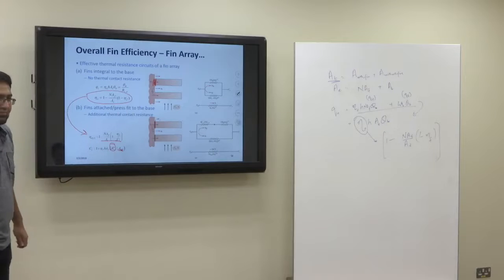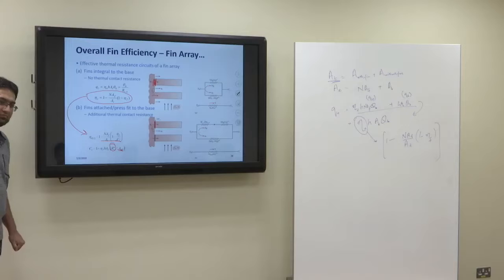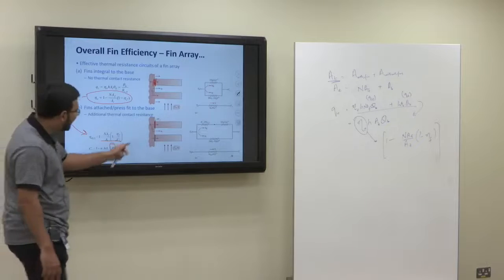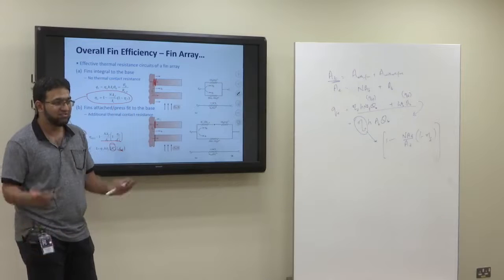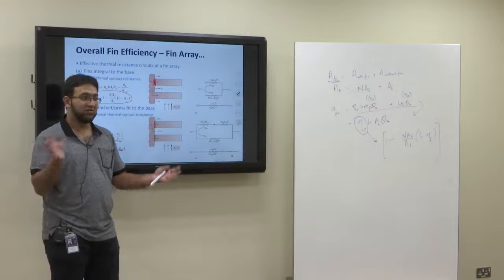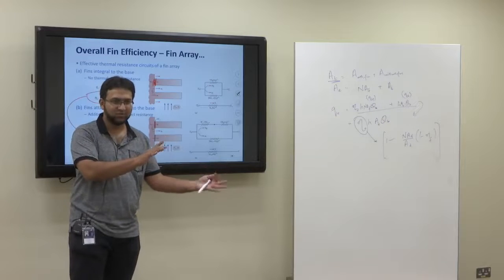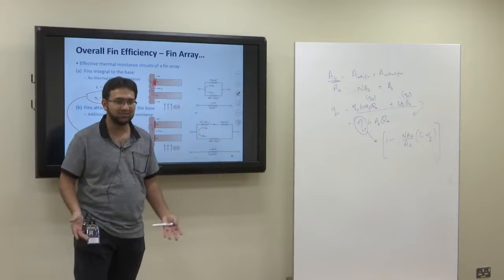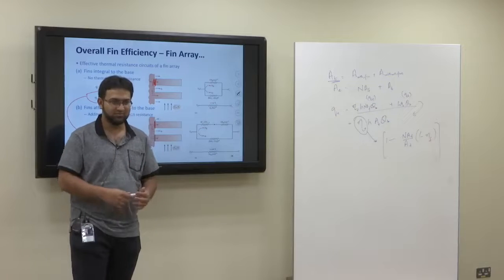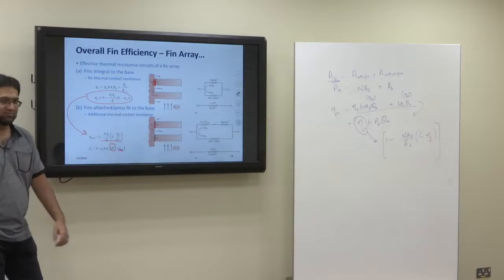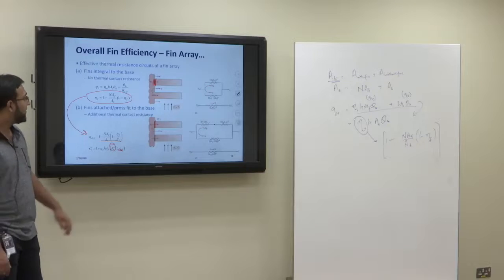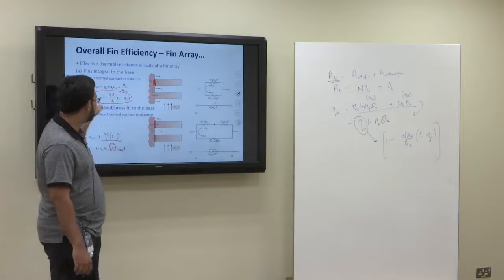So this should be much less efficient. Yes, obviously, because you are adding a resistance here. You want to increase heat transfer, but the resistances are the thing which resist heat transfer. So you keep on adding resistances, the heat transfer would be reduced. So the overall efficiency will go down a little. If you do not have any contact resistance, then this.